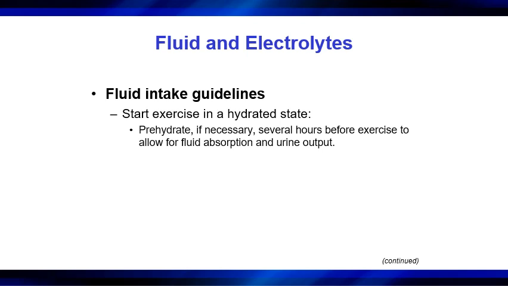One of the simplest ways for athletes is to look at the color of their urine. Obviously, very dark urine indicates that they're not hydrated enough, whereas a lighter color would indicate adequate levels of hydration. So before individuals train or exercise, for several hours prior, they should allow for adequate hydration and adequate urine output.